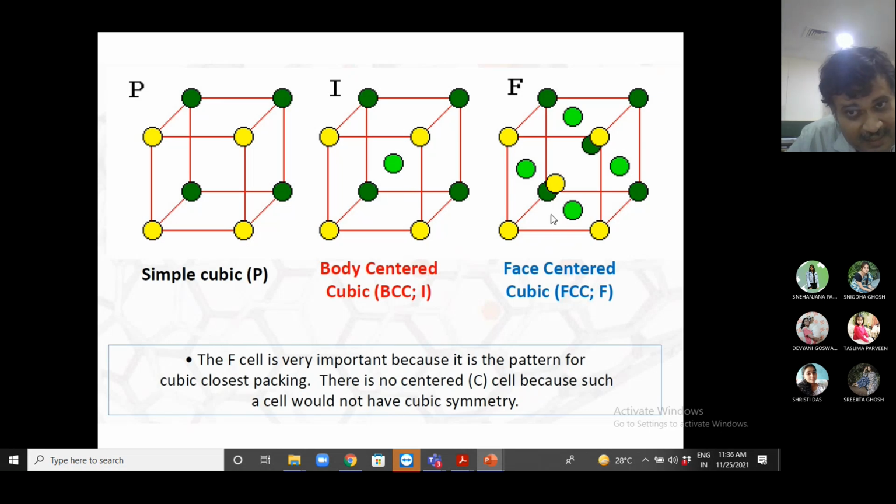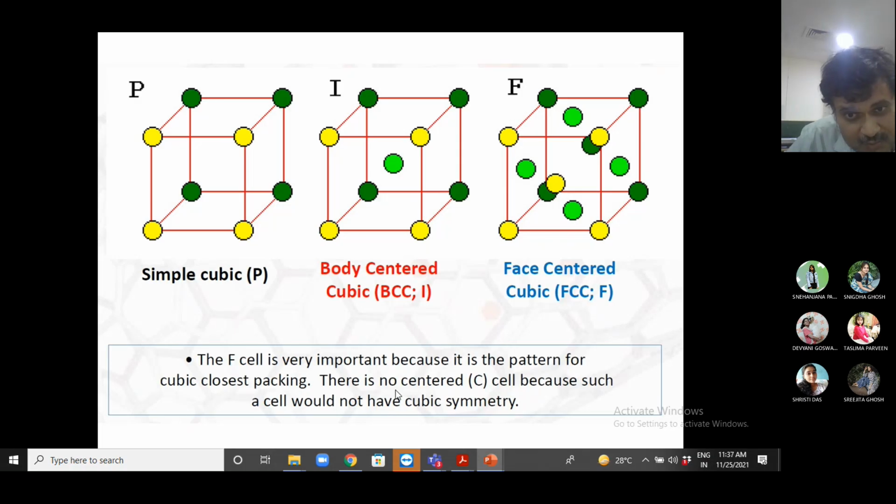And in face centered, not only these, but also, as you can see, in the middle of each of the surfaces there is another atom located. So this face centered one is the most compact form of crystal. In the most compact forms of crystals, we get this kind of face-centered cubic arrangement. So the F cell is very important because it is the pattern for cubic closest packing.